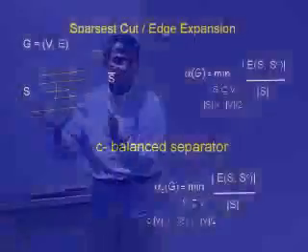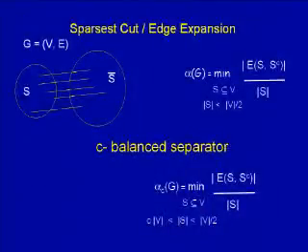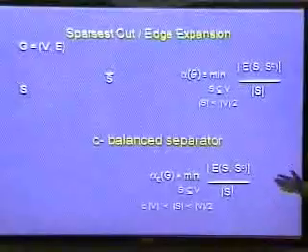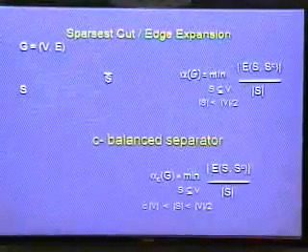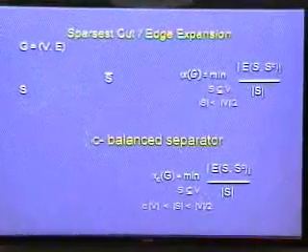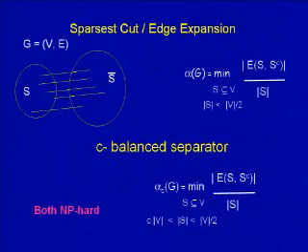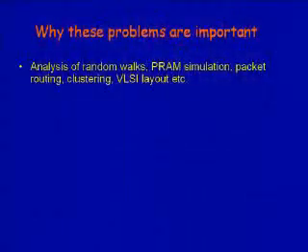This version suffices, because in general these problems are used in divide and conquer type algorithms, and this is often good enough because it's giving you a cut where each side has at least a constant fraction of the vertices. Both are NP-hard, determining the best cut or the value of the cut even. And so in practice, you want approximation algorithms.